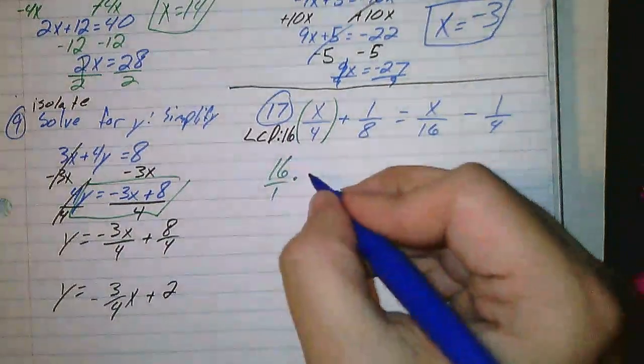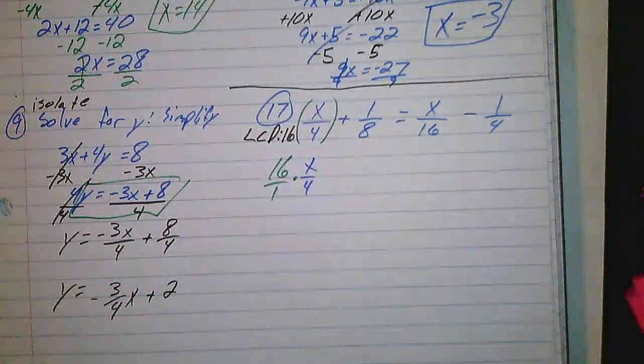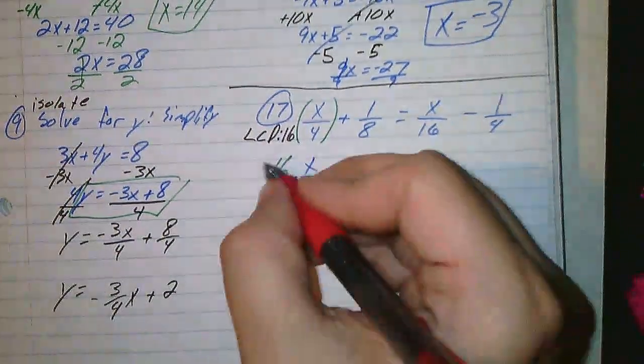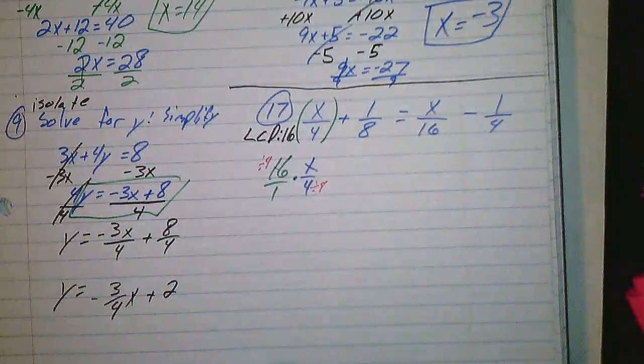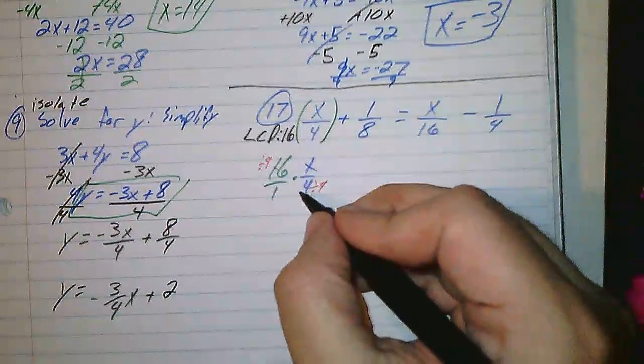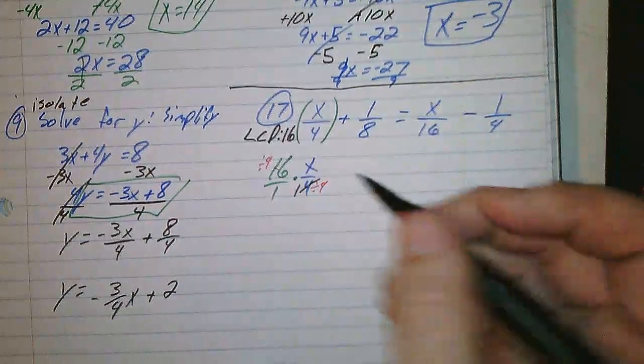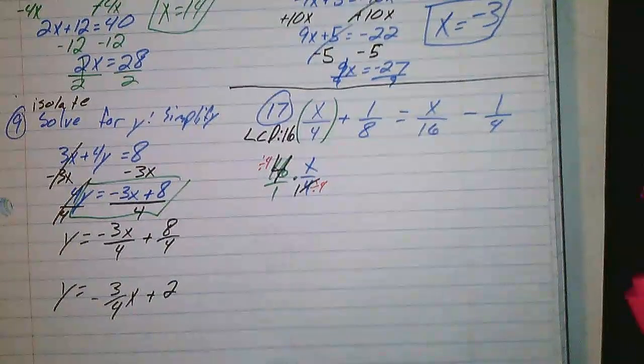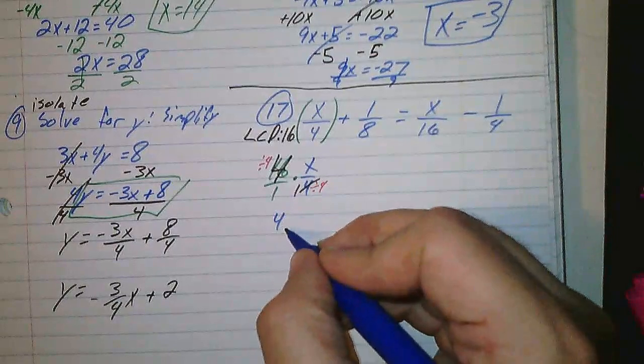Multiply x over 4 times 16. Now here, we can think about it with that simplification. 16 and 4 are both divisible by 4. So the point is that the denominator goes away and becomes 1. But 16 divided by 4 is 4. So our first term is really 4 times x.